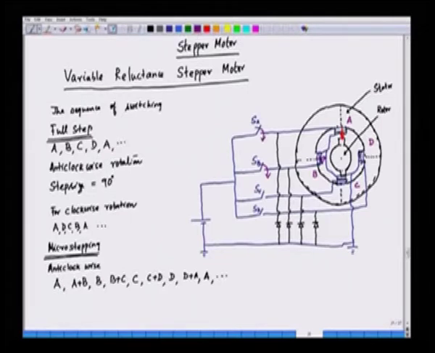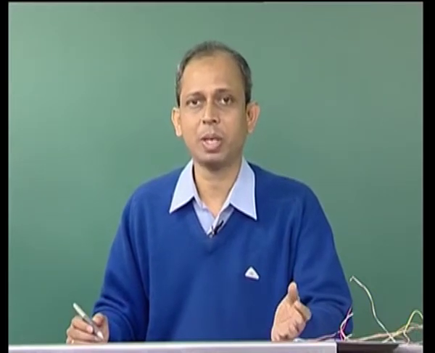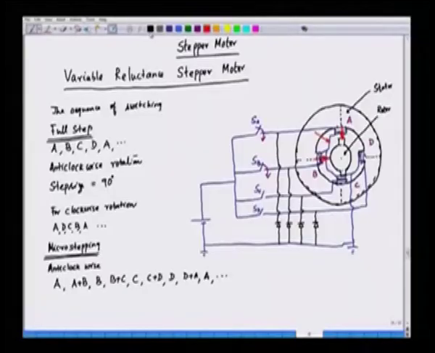In that case, this MMF is here, this MMF is here, and the resultant of these two will be somewhere here. So, this resultant MMF will subtend 45 degree with the phase A axis, and the rotor will rotate by 45 degree. So, here the step size will be half of the full step, and it is 45 degree.